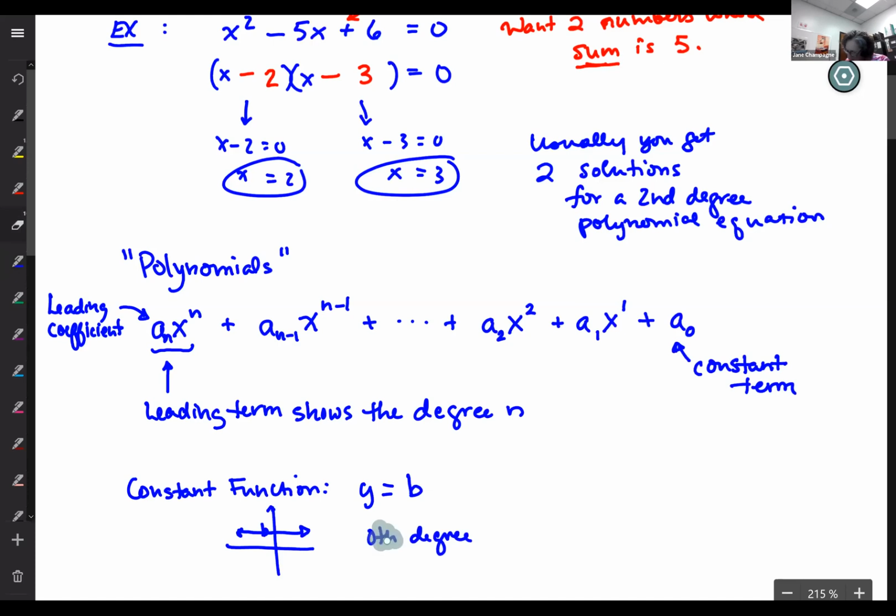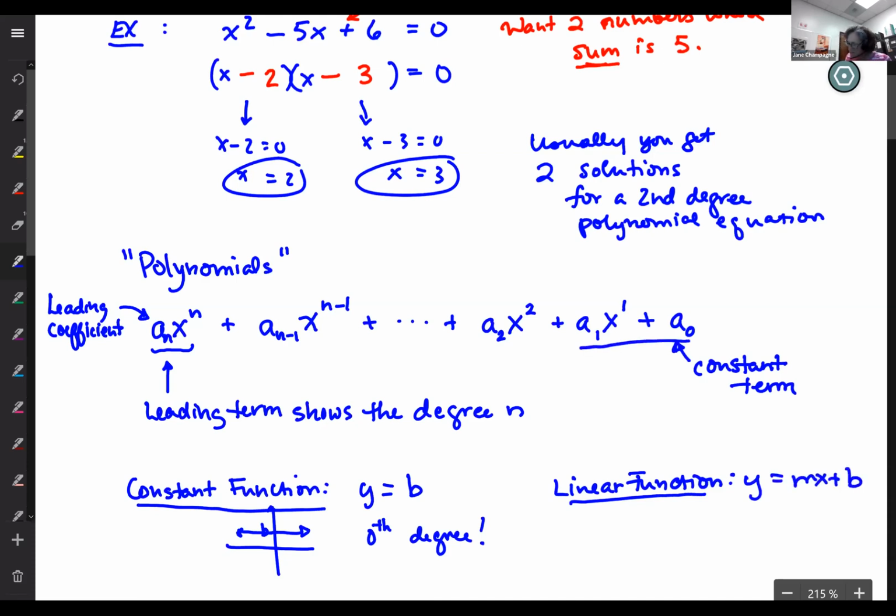Let me put that in up here a little bit. Oops. 0th degree. So that's a polynomial function. A linear function, y equals mx plus b, is a first degree polynomial function. Right? It's like it just has these last 2 terms. The constant function just has the constant term.